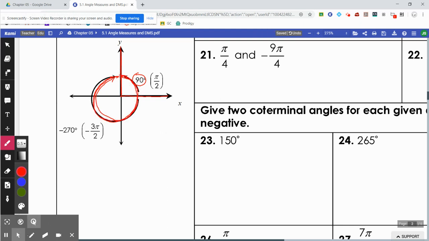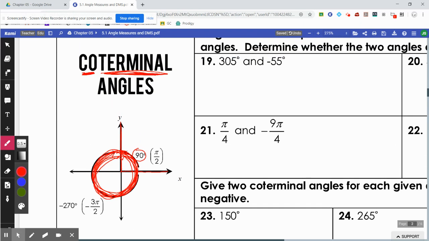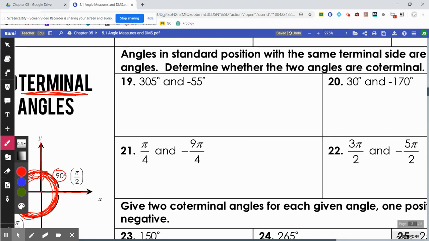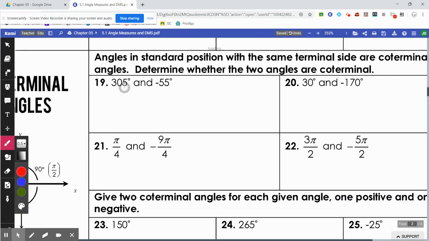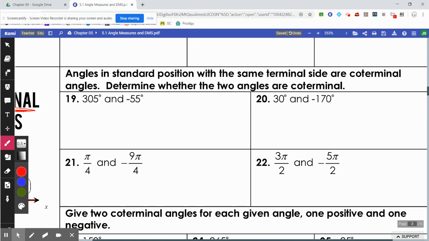If you take an angle and you add a rotation to it, or you can add another one, or you can add another one, you're going to end up in the same place. Or if you take away 360 and take away another 360, take away another 360, you end up in the same place. So the way that you deal with coterminal angles is you either add or subtract rotations. And that's going to be the easiest method to do that. So angles in standard position with the same terminal side are called coterminal angles.